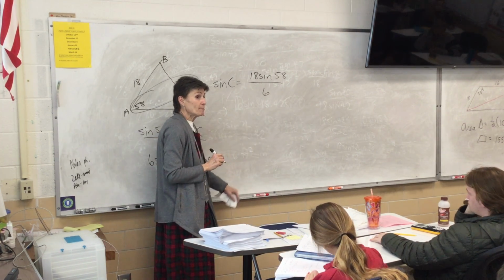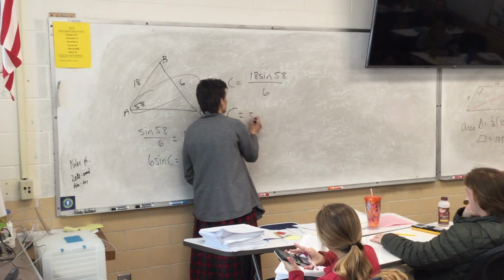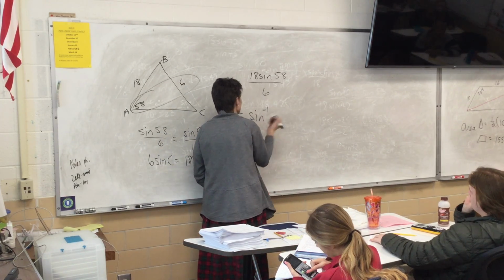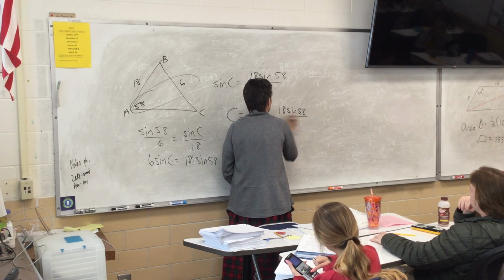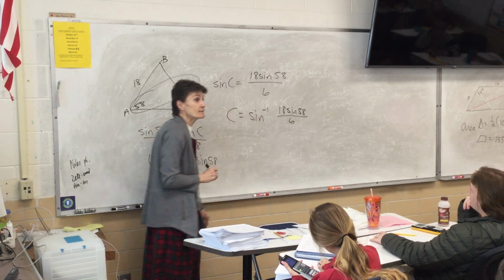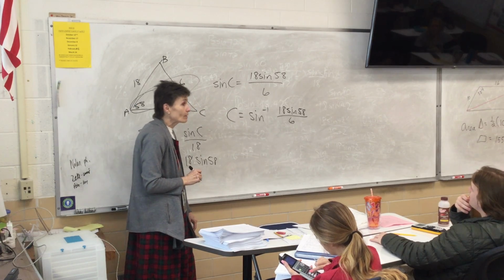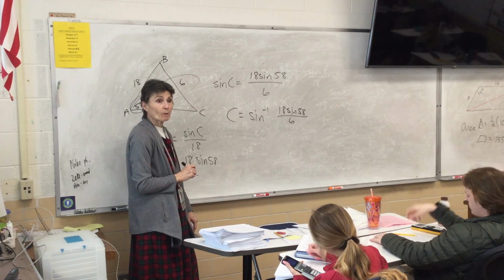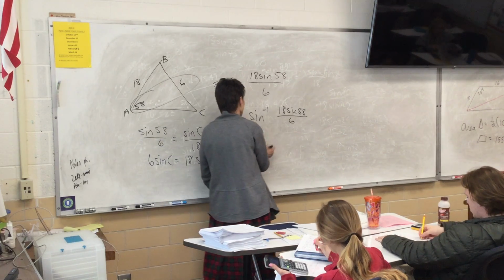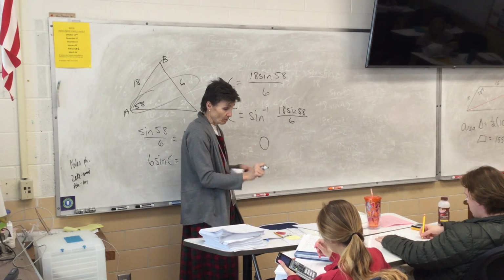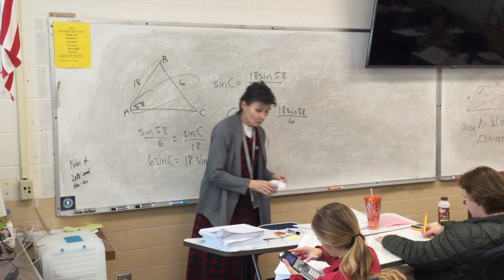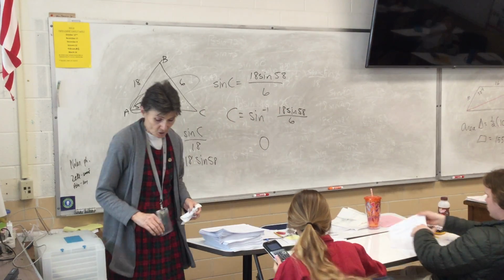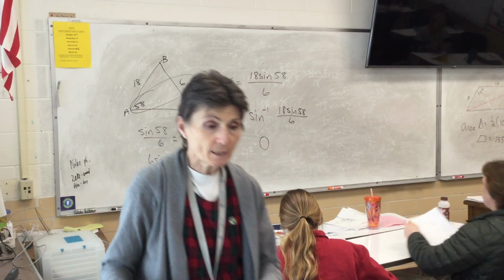And then what do I type in my calculator? Inverse sine of 18 sine 58 over 6. And what happens? You get an error. So what is the answer to the problem? 0. No triangles are possible. You don't have to do any more work. That's it. You got an error message. So how many triangles are possible? None.